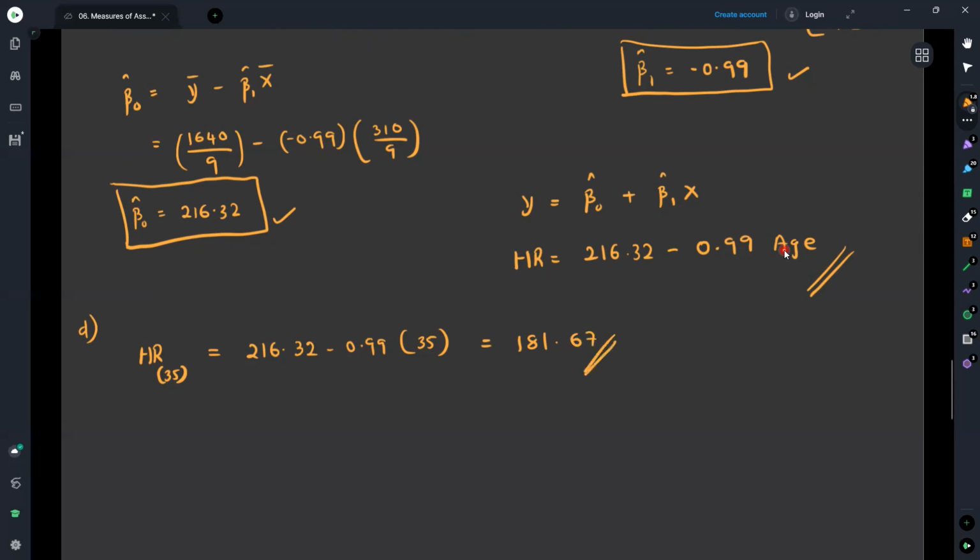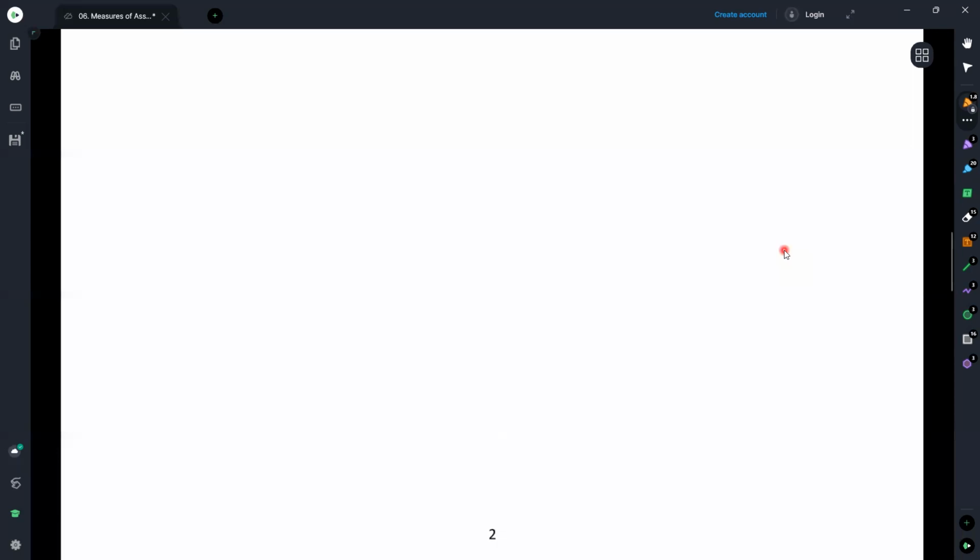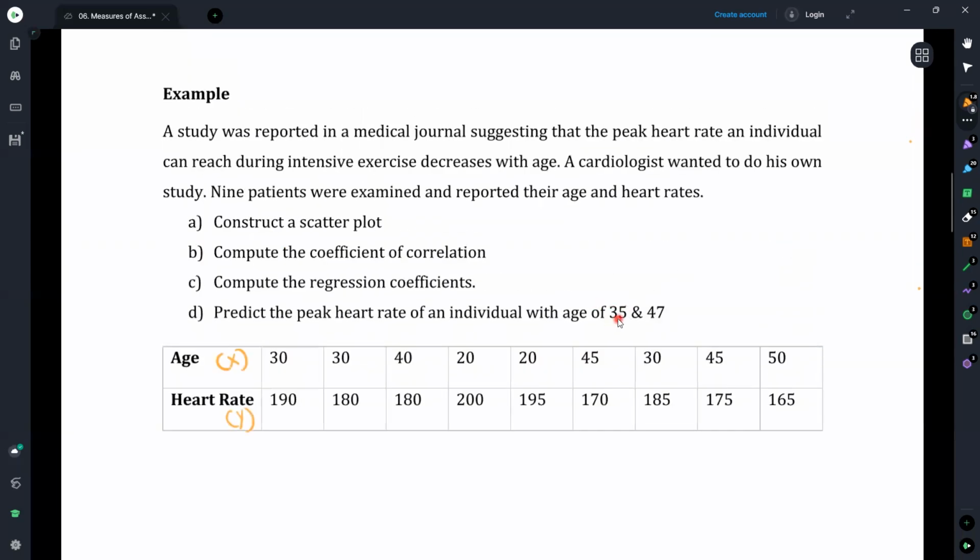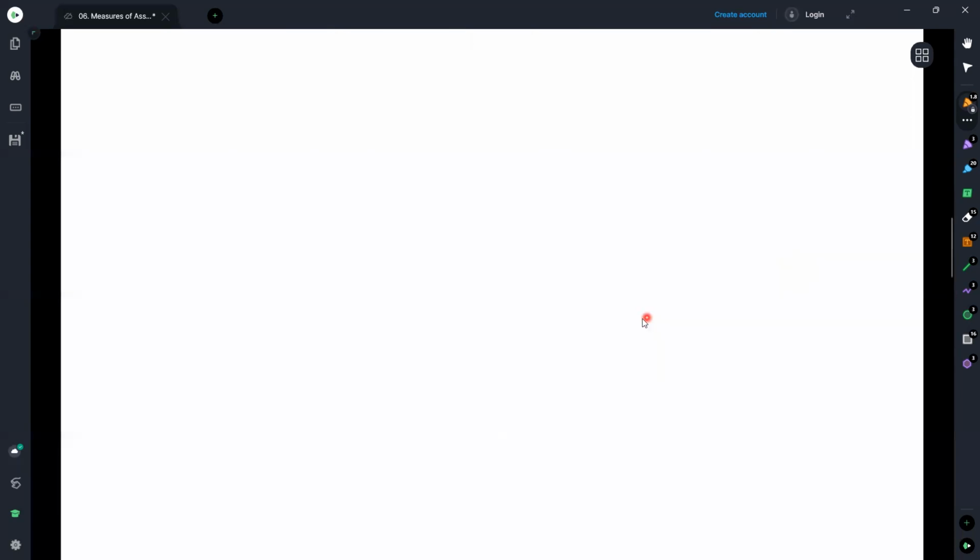Once you perform the calculation, you will get this value as 181.67. As the next part, another calculation needs to be done, because they are asking for the peak heart rate for an individual aged 47 as well.